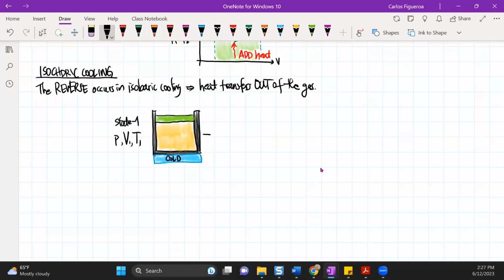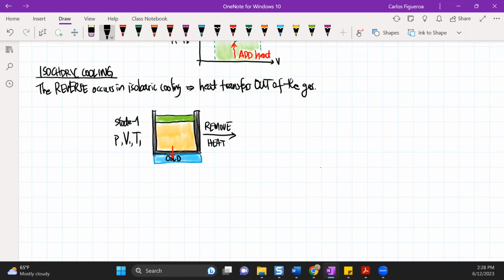Then what we're going to do here is remove heat. In other words, the kinetic energy transfers from the high kinetic energy region to the low kinetic energy region.